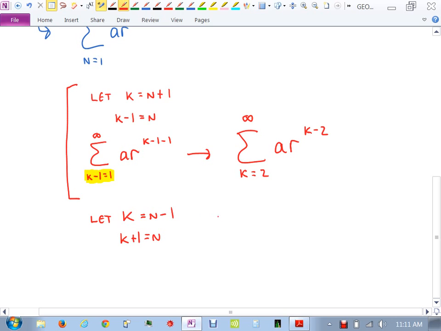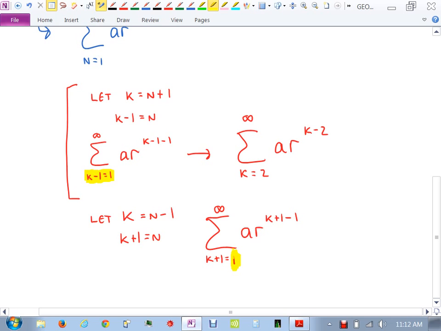I'm out of space, so I'm going to have to write it over here. Sum n is k plus 1 equals n to infinity, and then a r to the n, which is k plus 1 minus 1. K plus 1 equals 1. Yeah, I'm sorry. Thank you. Change that down there.